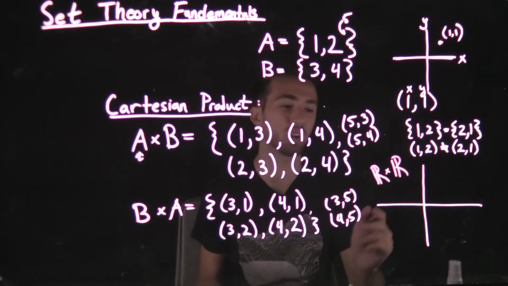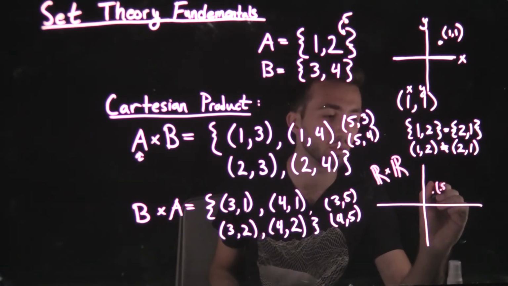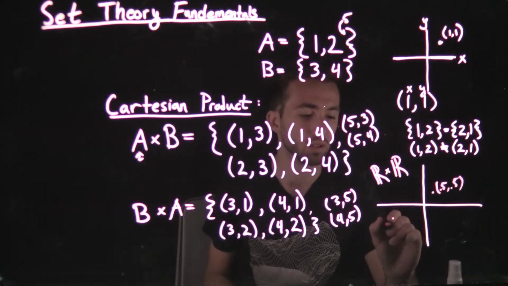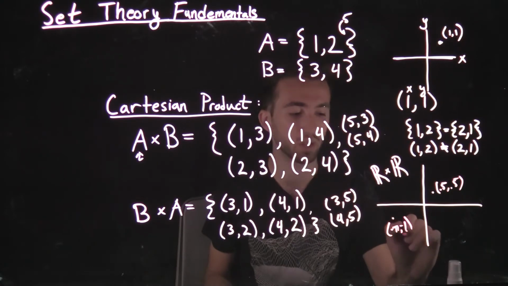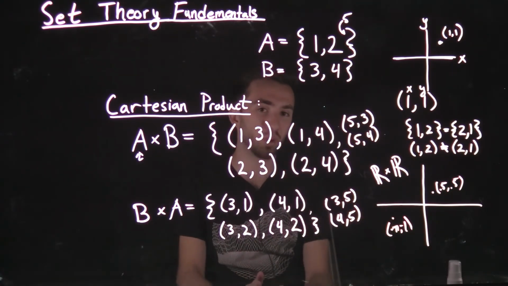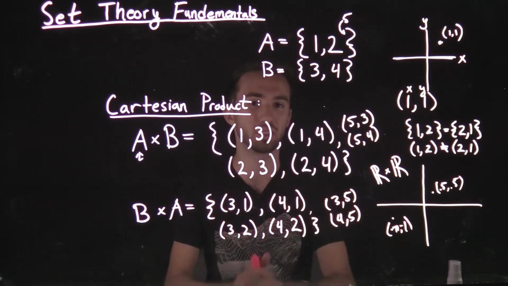Because if we're taking R cross R, that's all possible points, like 0.5, comma 0.5. Or negative pi, comma 1, negative 1, like this one. So a Cartesian product, all it's for is just creating these collections of ordered pairs.